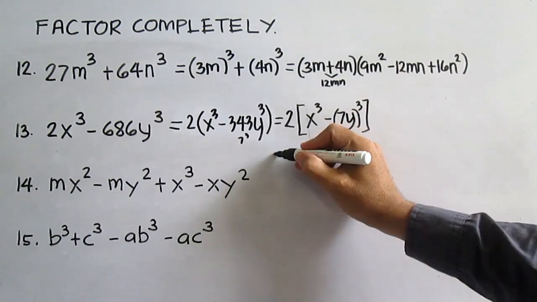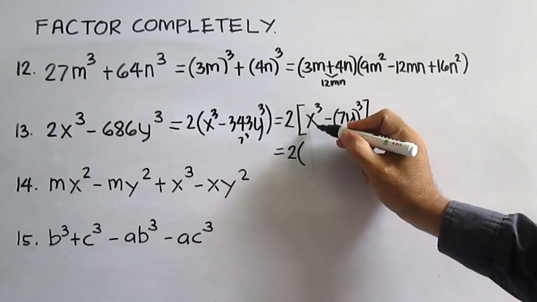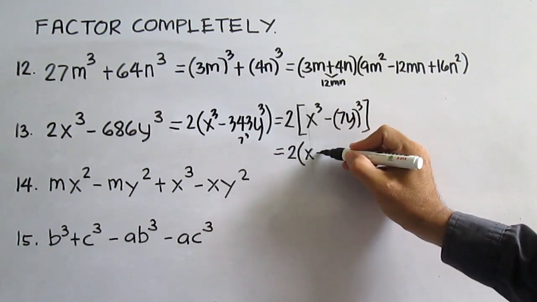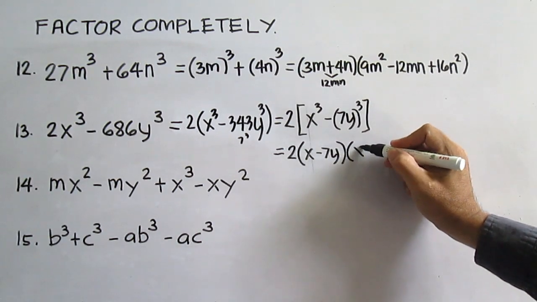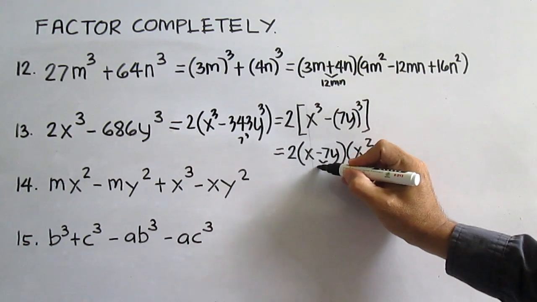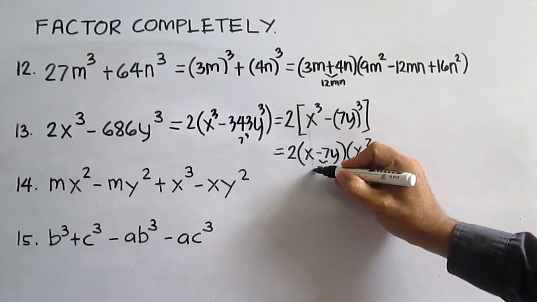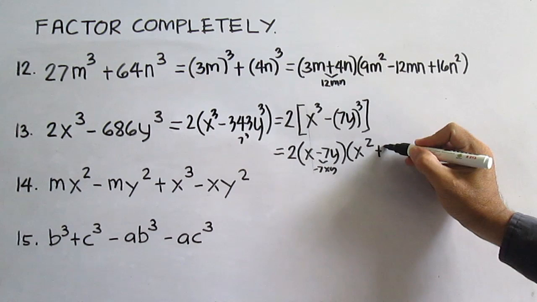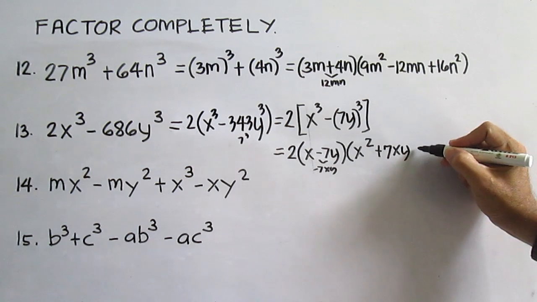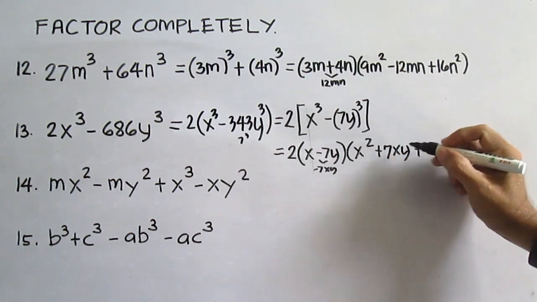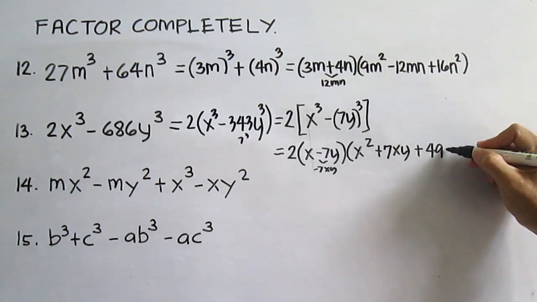This is equal to 2 times, copy the difference of the base, x minus 7y, and using this factor, find the first term, x squared, then you multiply x and negative 7y, negative 7xy, write the opposite. So this is plus 7xy, then negative 7y times negative 7y is 49y squared.